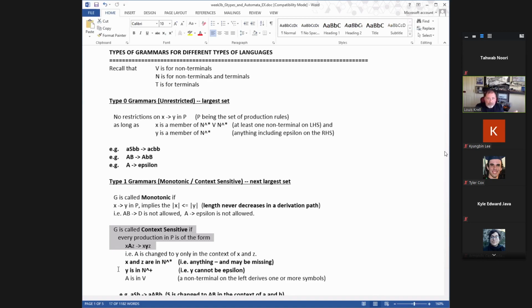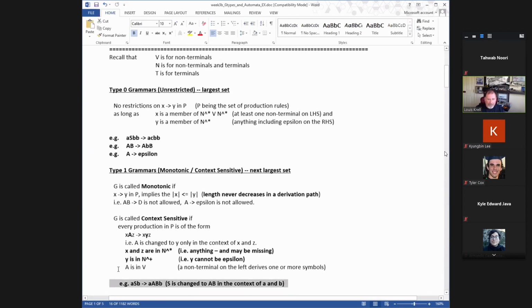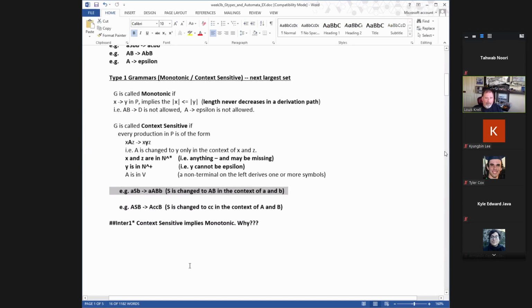In this example, A derives to one symbol, Y. Some examples of context-sensitive grammars are ASB going to ABB. So that S on the left-hand side is being changed to the non-terminals A and B in context to the small a terminal and small b terminal being there. And the next example showing ASB going to ACCB, where the S is changing to the terminals CC.